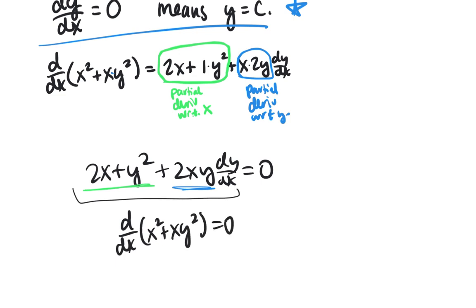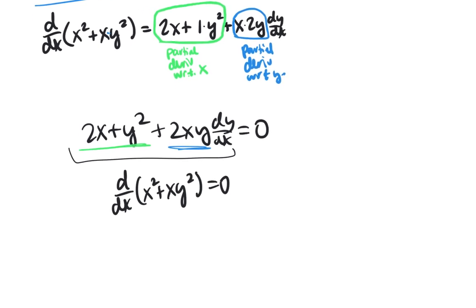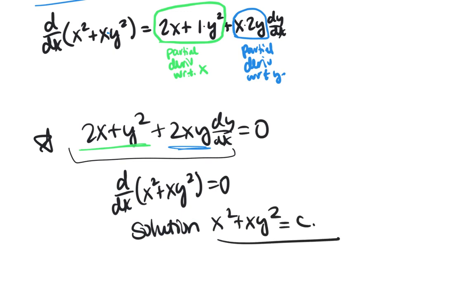So what does that mean? If the derivative equals 0, the function is equal to a constant. So the solution to this differential equation is that x squared plus xy squared is equal to some constant. So there's your answer.